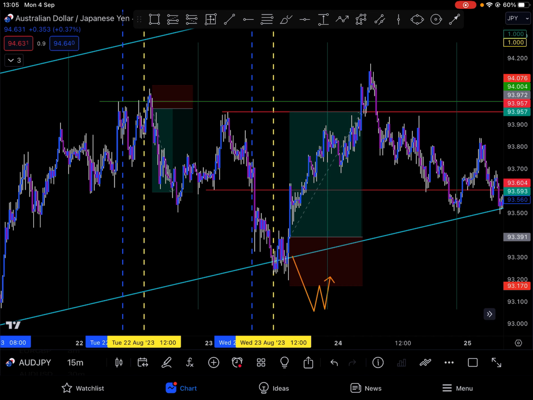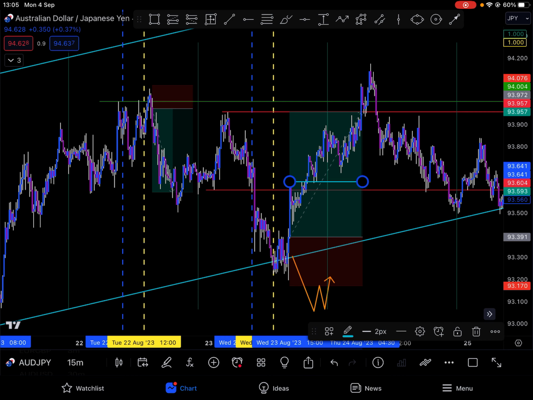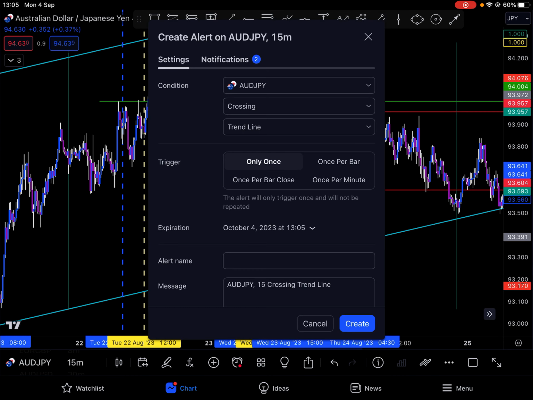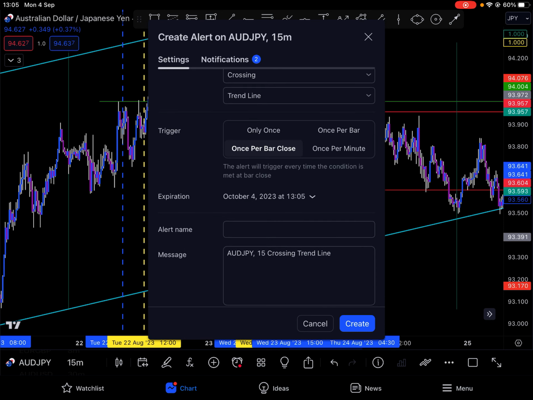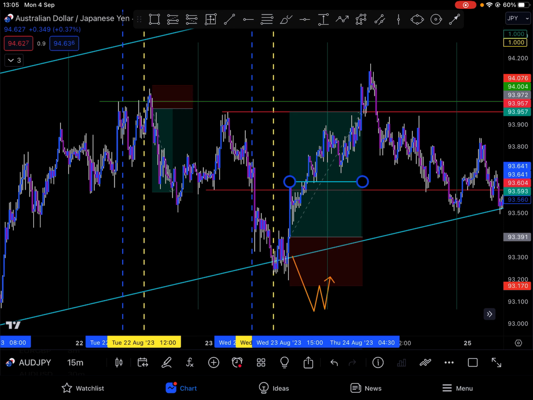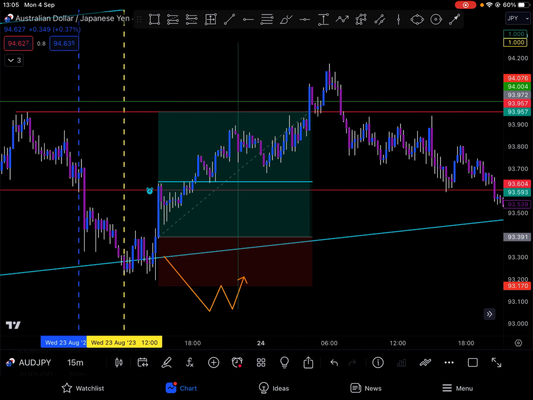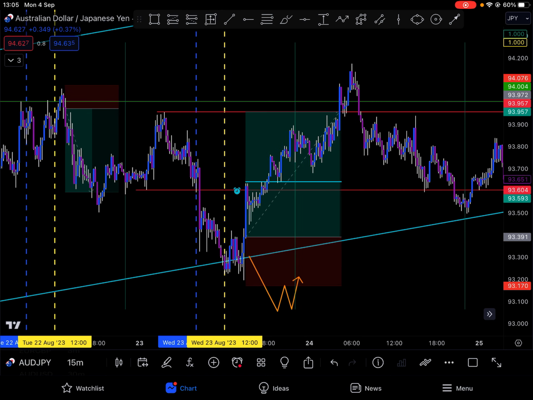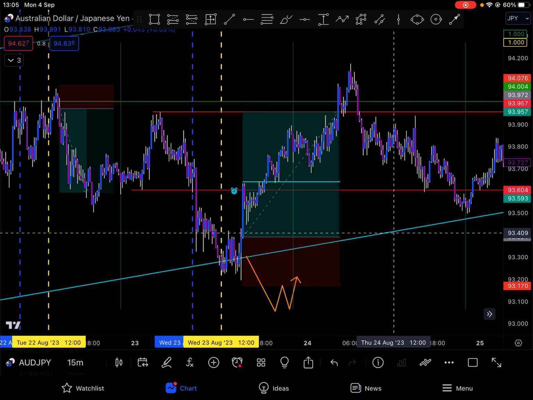What I usually do is I just draw a little trend line over here halfway, and then I put an alert on it, so that if the alert comes on, if the price hits and closes above it, I just move my stops to break even.